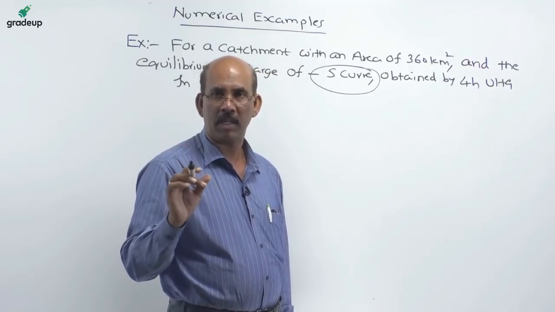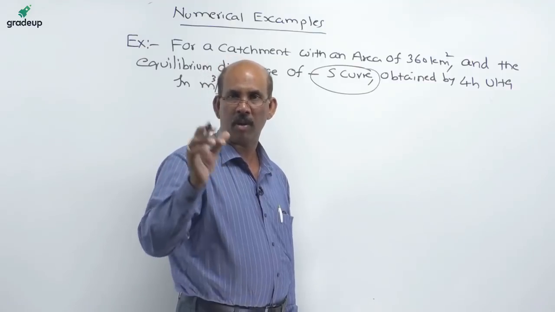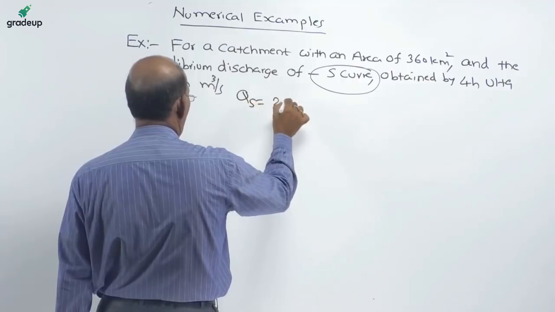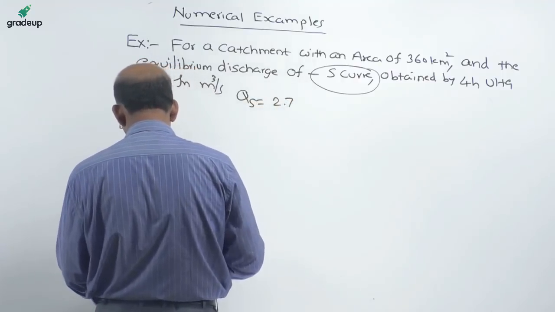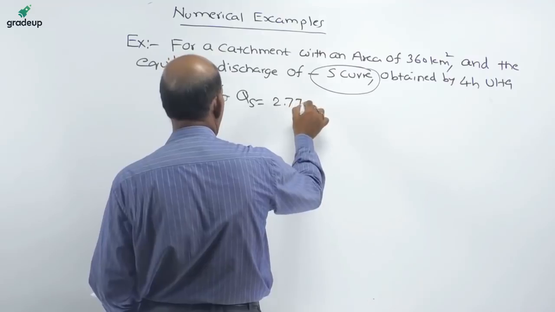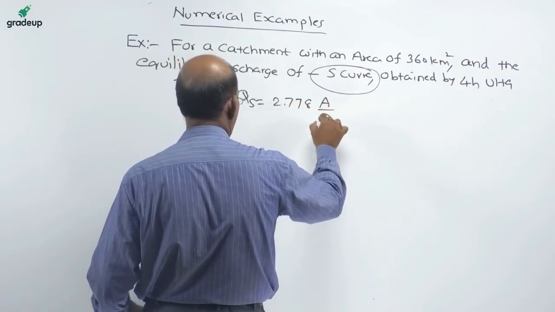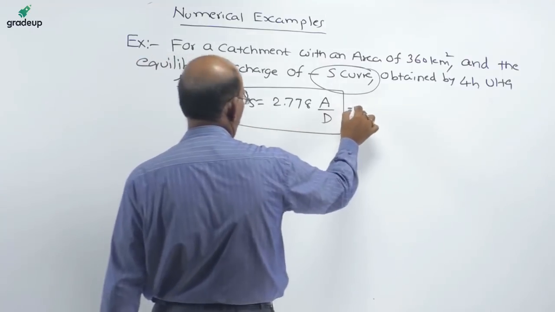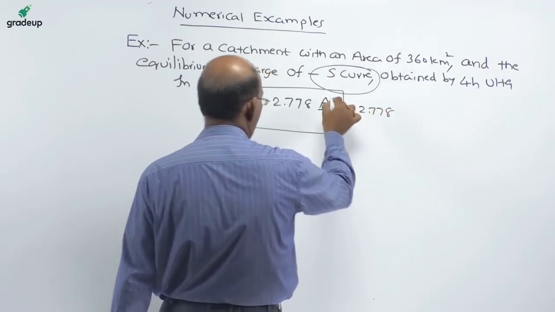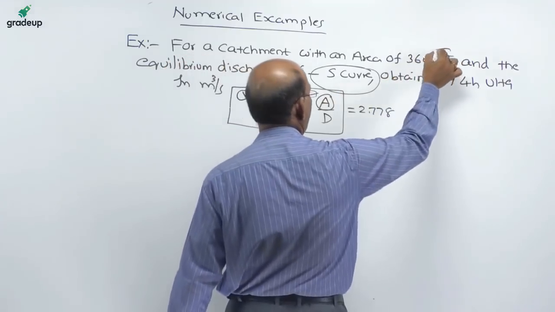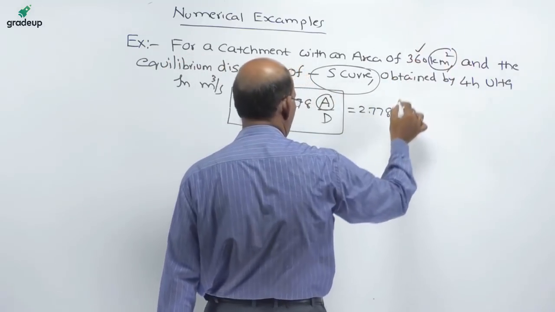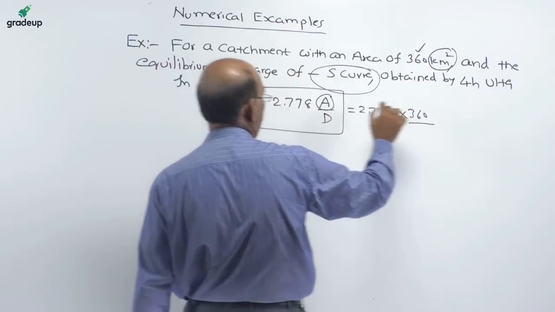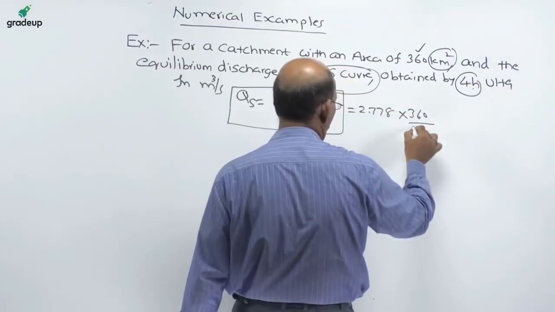According to this technique, the equilibrium discharge formula as I mentioned, so Qs is equal to 2.778 into A by D. So, this is the formula, and in 2.778, A should be in square kilometer, that is the most important, so 360. The duration should be in hours, here it is 4.